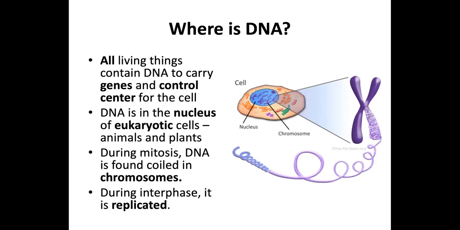What do chromosomes look like? X, that's it, X, okay? And then when we talk about mitosis, you already told me this today, that during interphase is when it is replicated, okay? Specifically the S phase. And that is super important, and we'll talk more about replication tomorrow.